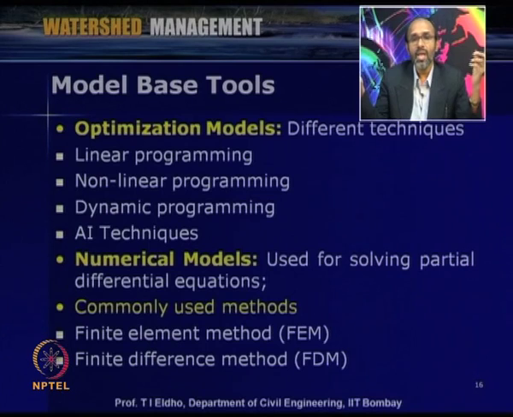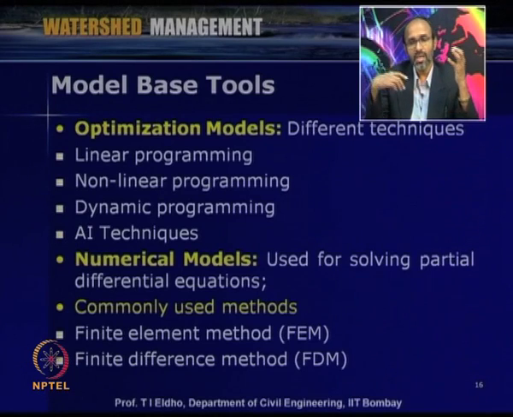Depending upon the problem, we can have various models like linear programming, non-linear programming, dynamic programming, then artificial intelligence techniques like genetic algorithms. These are all optimization models, depending upon the problem.